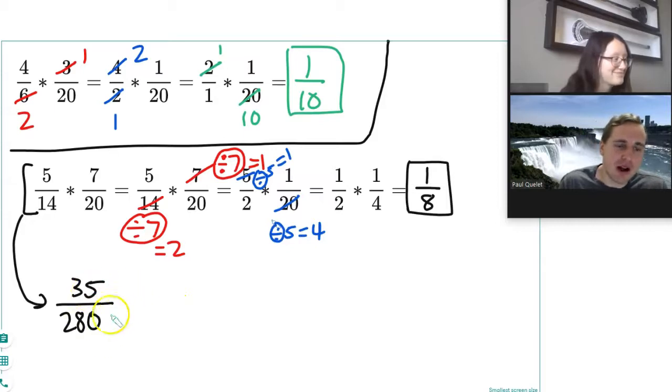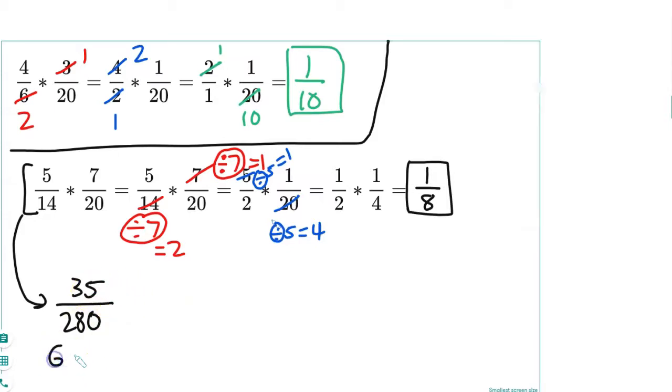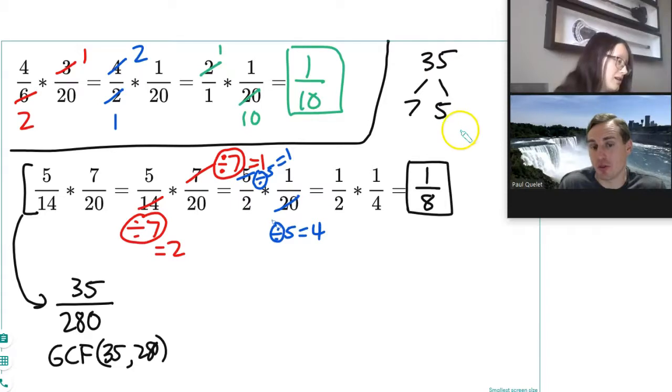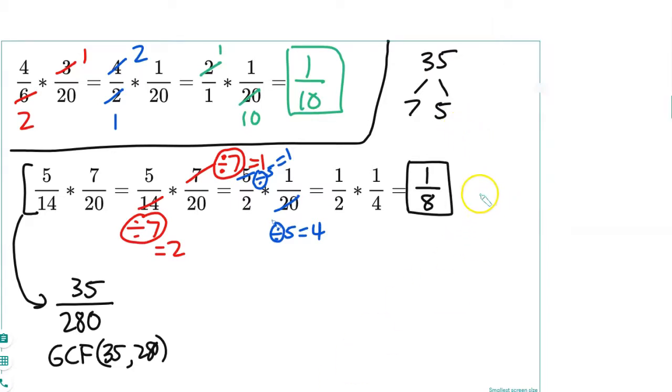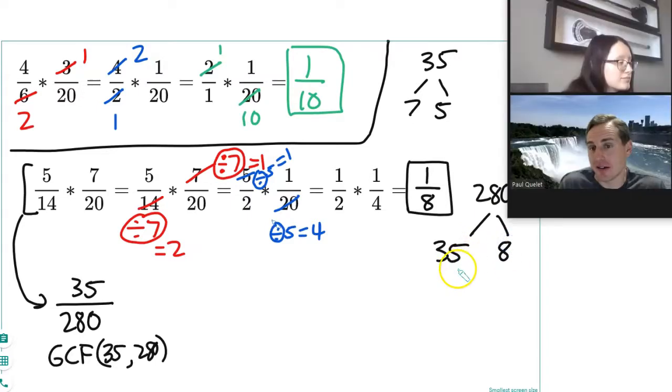So we're going to figure out what the greatest common factor of 35 and 280 is. 35 breaks down into 7 times 5, which are prime numbers, so we're done. 280 breaks down into 35 times 8, which is not obvious.